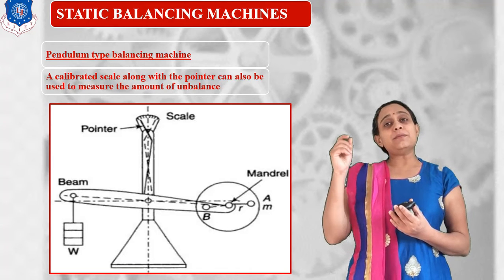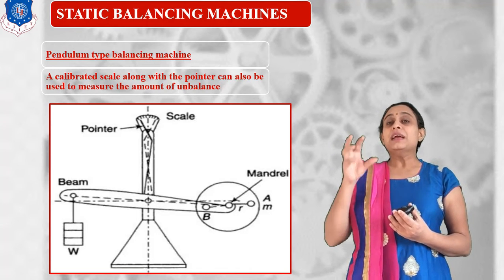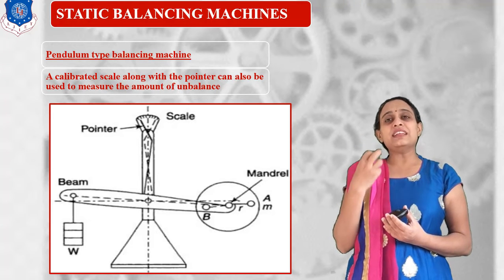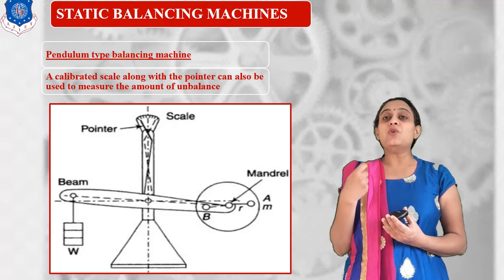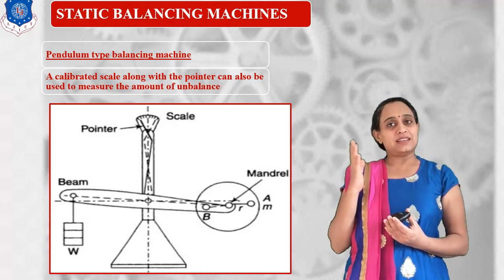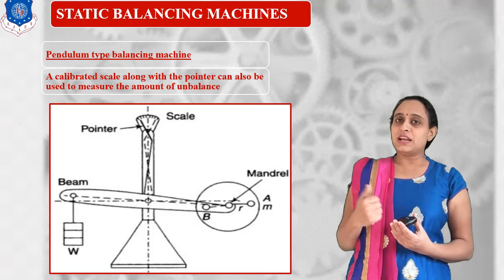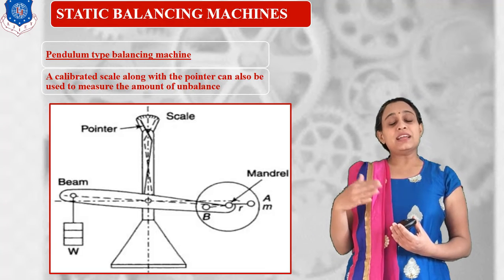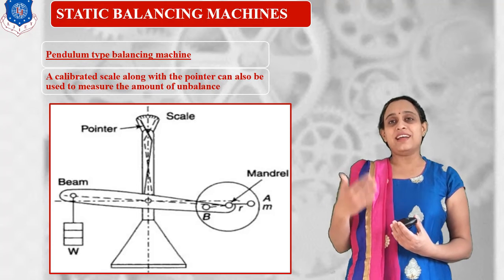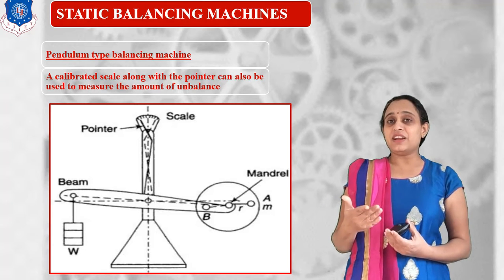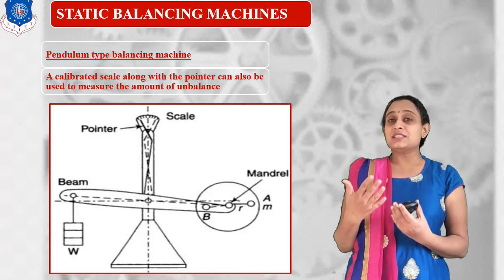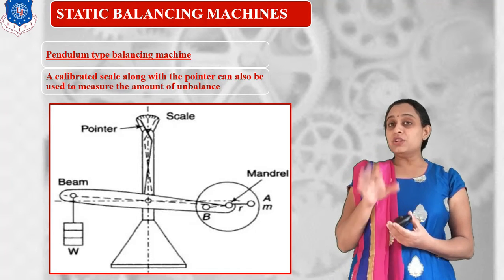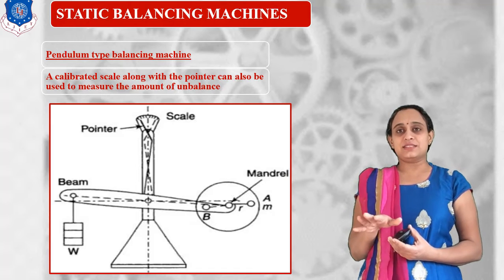By giving manual rotation, the pointer will show the exact value of how much it is deflected towards the right, downward or towards the left. By continuous trial and error, we can easily find out how much the system can be balanced. Students, this is originally the manual balancing system.